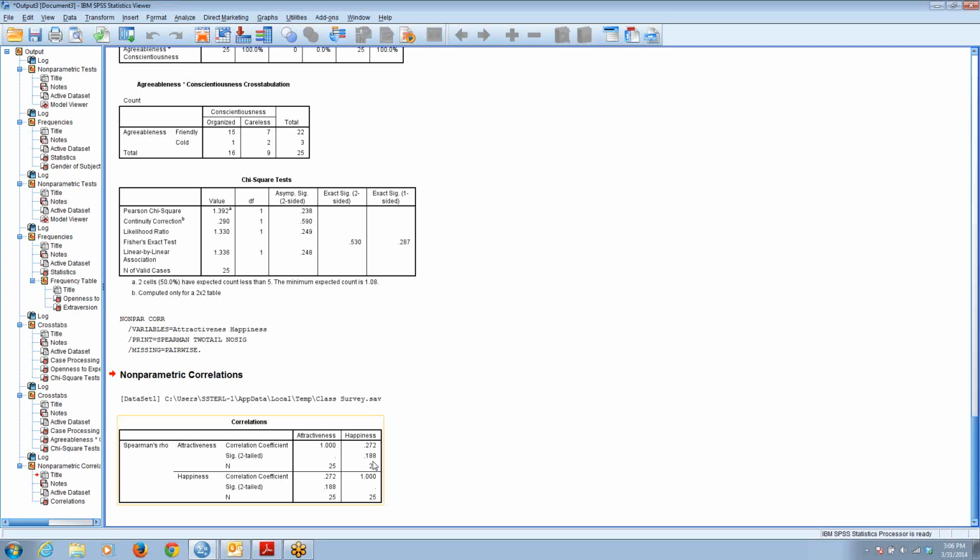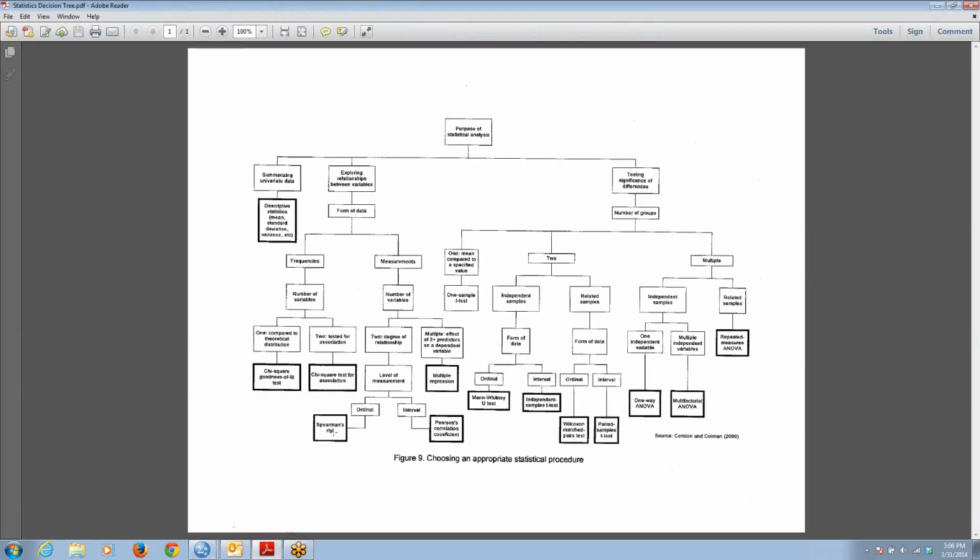And so what we can say is, at least in our sample, there's no significant correlation between how attractive you are and how happy you are. And so those of us who are less attractive can rejoice that we can still be happy. Okay, so that's a Spearman correlation.